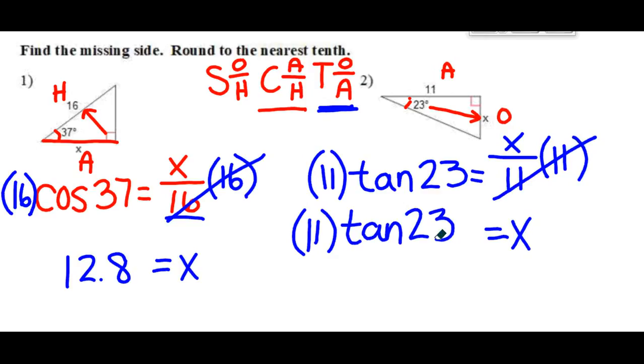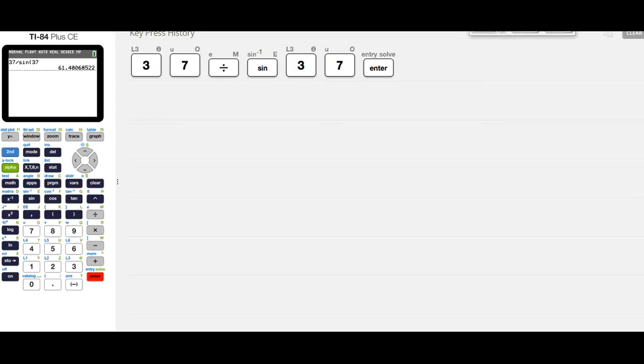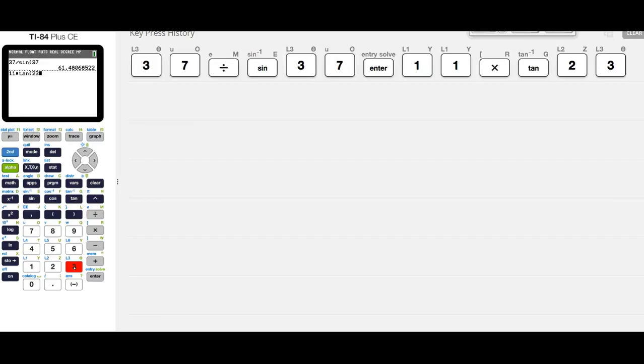And for one last example of how to use the calculator, we'll simply type in 11 times the tan of 23 and press enter. And we get 4.66922, so on and so forth. The directions told us to round to the nearest tenth, so we will write 4.7.